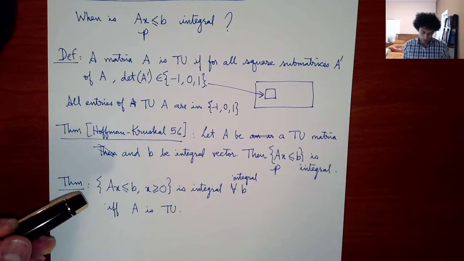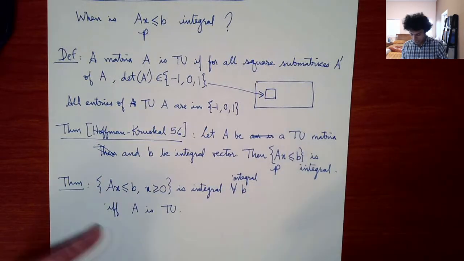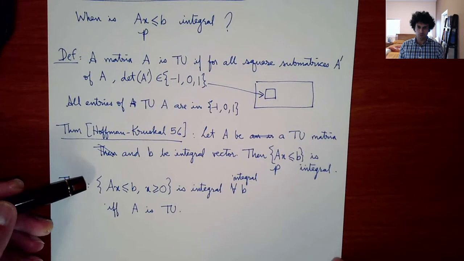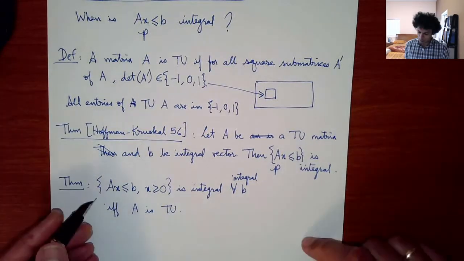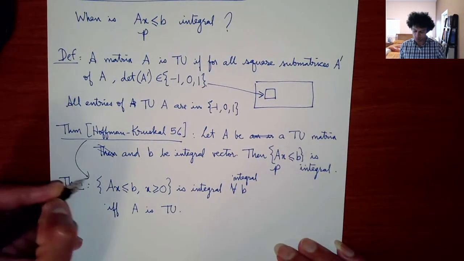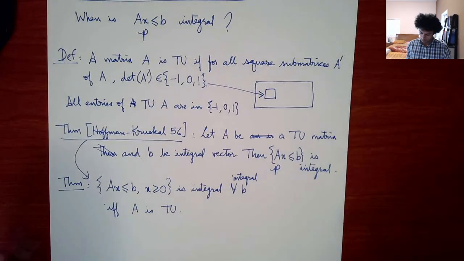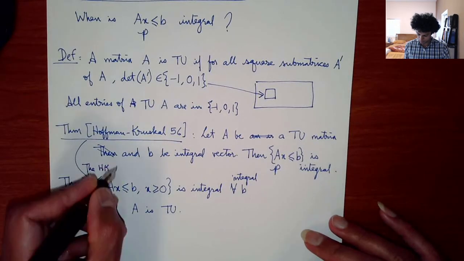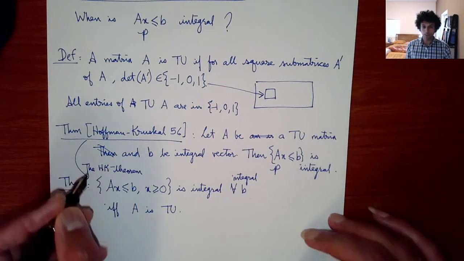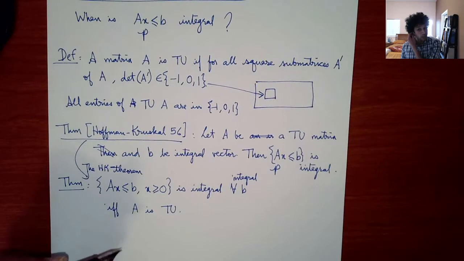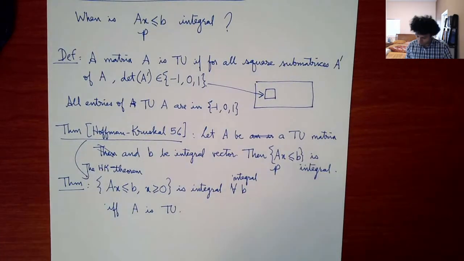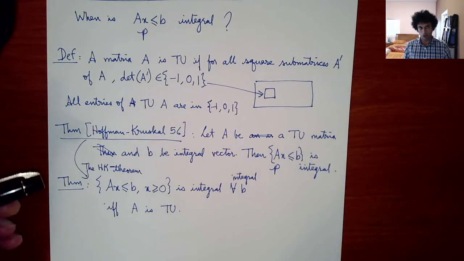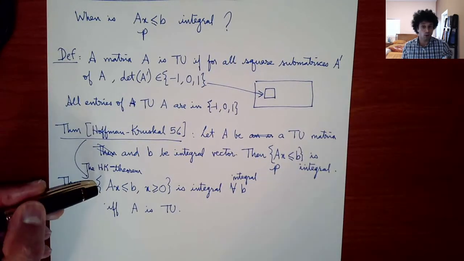It just talks about Ax less than or equal to B. I think Hoffman and Kruskal proved both theorems, and maybe the latter one is the one that's actually called the Hoffman-Kruskal theorem. It completely characterizes: A is totally unimodular if and only if Ax less than or equal to B with x greater than or equal to 0, with the non-negativity constraints, is integral for all B.